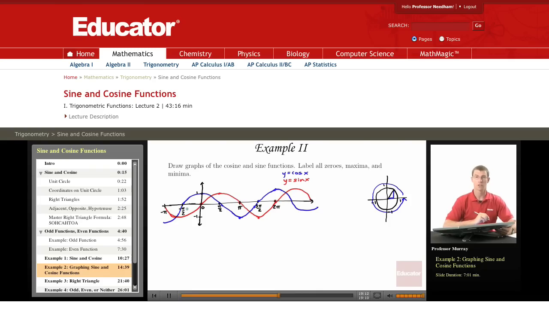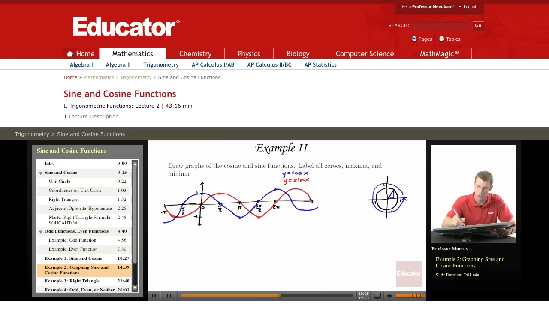So that's what y equals sine x looks like. It actually has the same shape as cosine x, but it's shifted over on the graph. Now we're asked to label all zeros and maxima and minima.